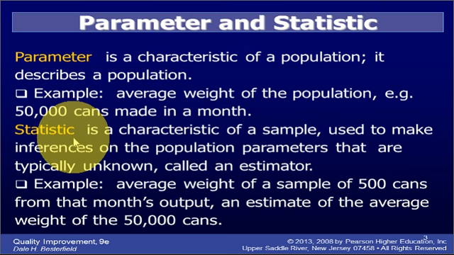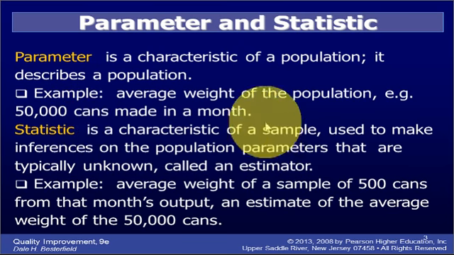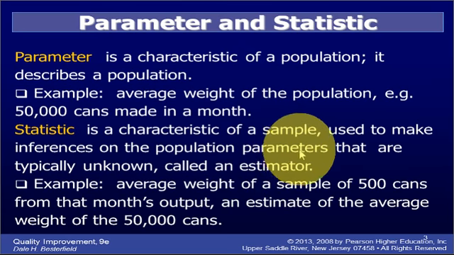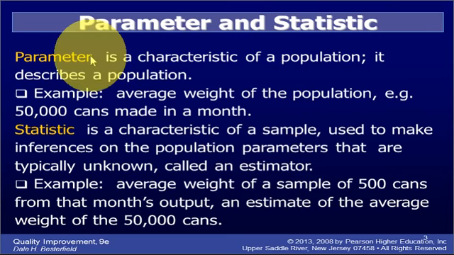And a statistic is a characteristic of a sample. It is used to make inferences on the population parameters that are typically unknown. So the statistic that we get from a sample can be an estimator for the parameter of the population.